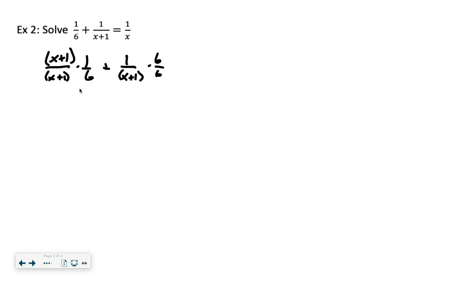Okay, so now if I multiply these out, I'll keep the equals 1 over x over there. 1 times x plus 1 would just be x plus 1, and I can go ahead and multiply that out and make that 6x plus 6. Then plus 1 times 6 would just be 6 over 6x plus 6, and that's equal to 1 over x.